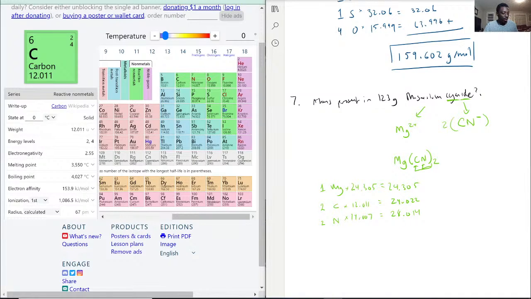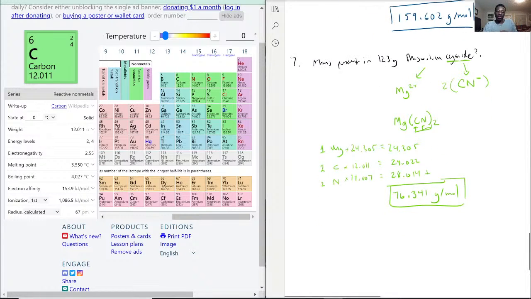So let's add it up. 28.014 plus 24.022 plus 24.305, and we get 76.341 grams per mole.